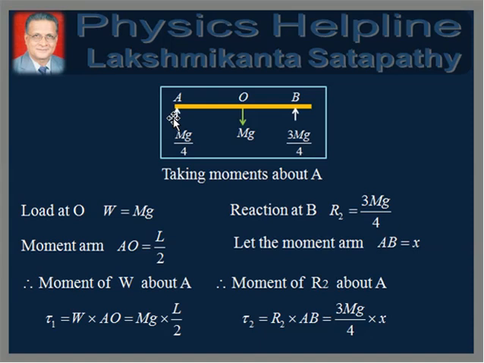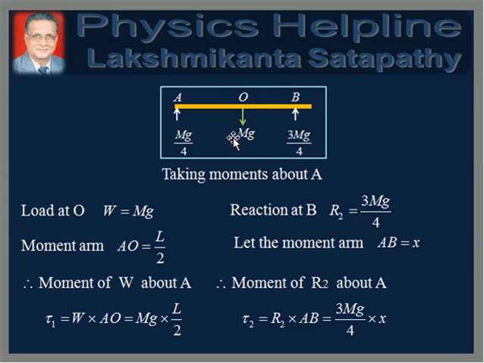There are three forces acting on the bar: R1, mg and R2. Reaction R1 acts at A, therefore it produces zero moment because the moment arm is equal to 0.